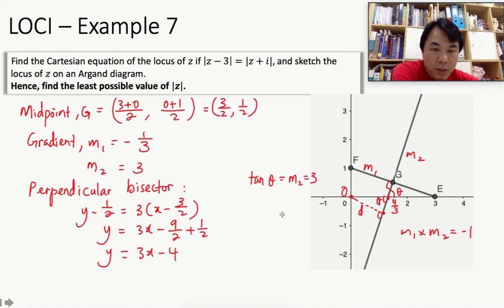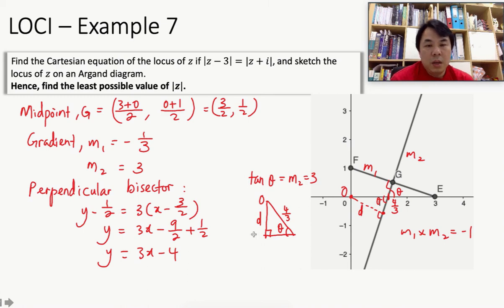And then I'm going to redraw this diagram so that we can look at it from this perspective. So this is the D that we are interested in finding. This is the O, and we know that this is 4/3 units from here. And then we have already figured out this theta here.